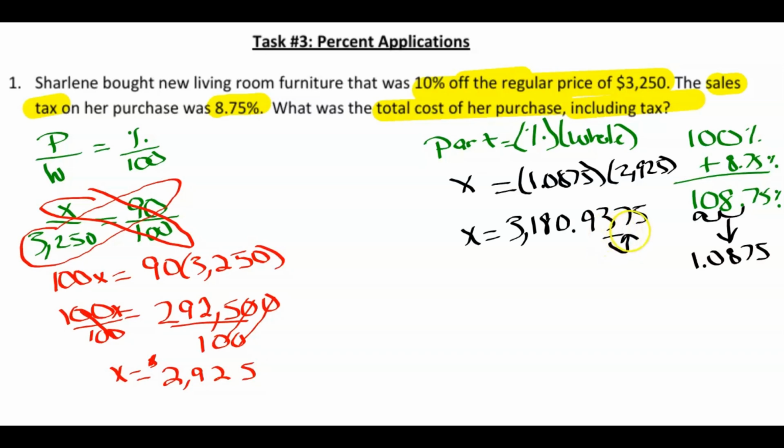If that number after the 3 is 4 or below, we just let it go. In this case, that 7 is 5 or above, so we need to give that number 3 a shove. So x is going to be 3,180.94. That will be the total cost of Charlene's purchase, including tax.